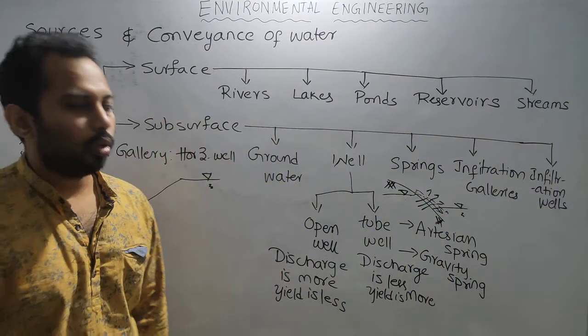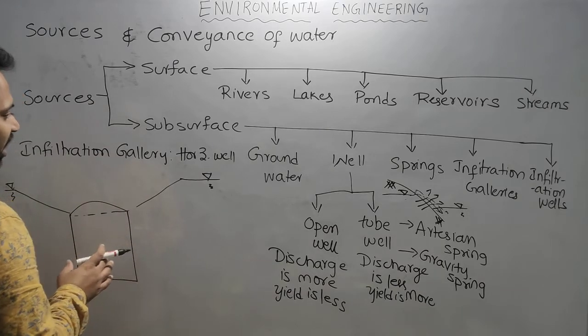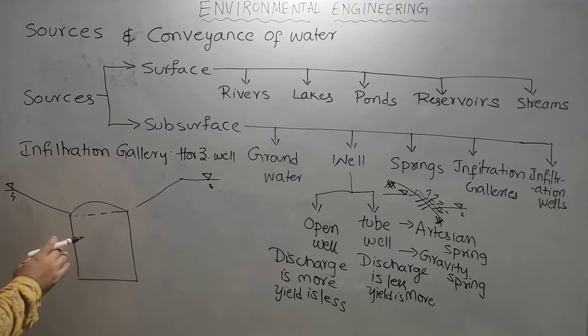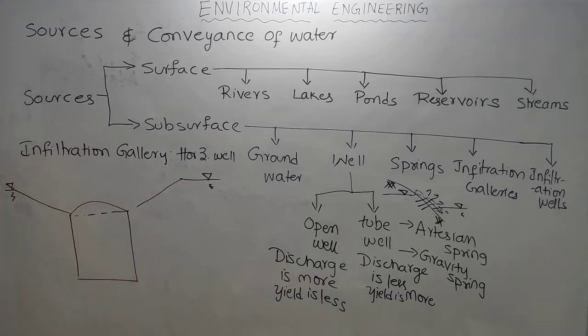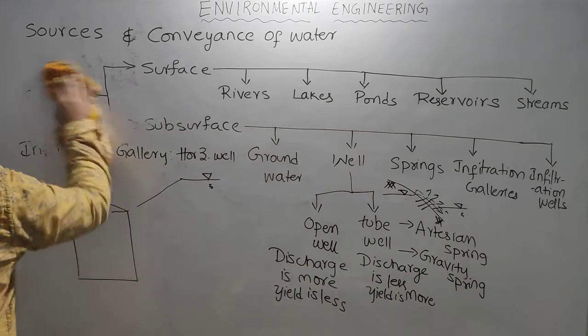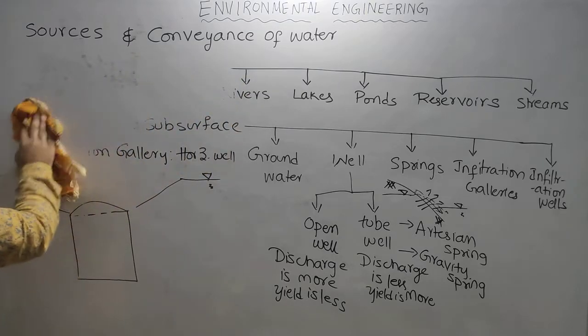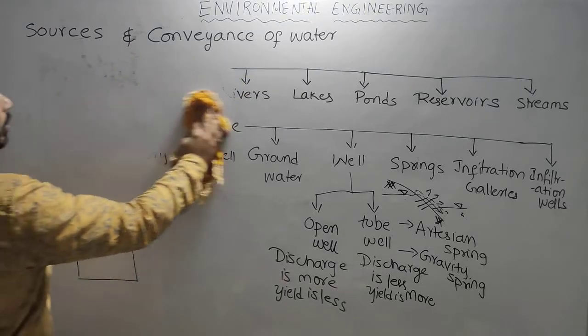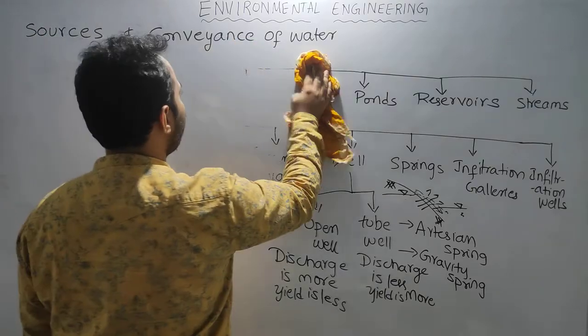Okay. So here, how to calculate the yield of the infiltration gallery? Let us discuss it in an elaborated way. Infiltration wells also I will discuss. Infiltration galleries also I will discuss separately. These things are very important because a water supply system will get water either from an infiltration gallery or from an infiltration well.